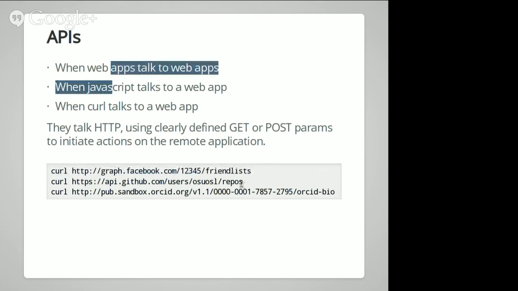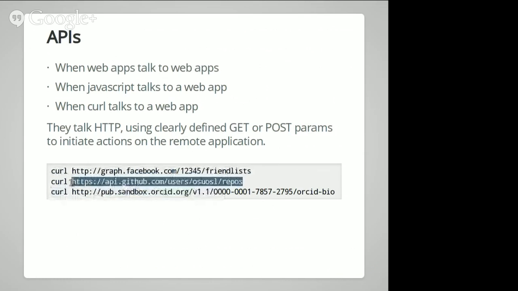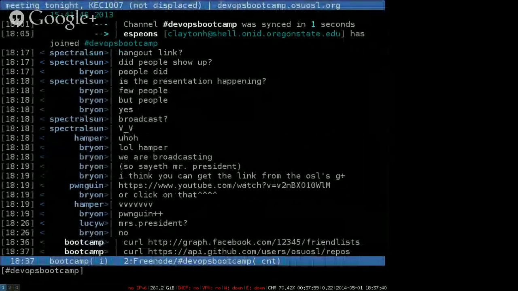So here's another one. This is a GitHub API. Try that one out. What is curl? That is a command line HTTP grabber. It's something URL. I forget what the C stands for. Maybe command line?